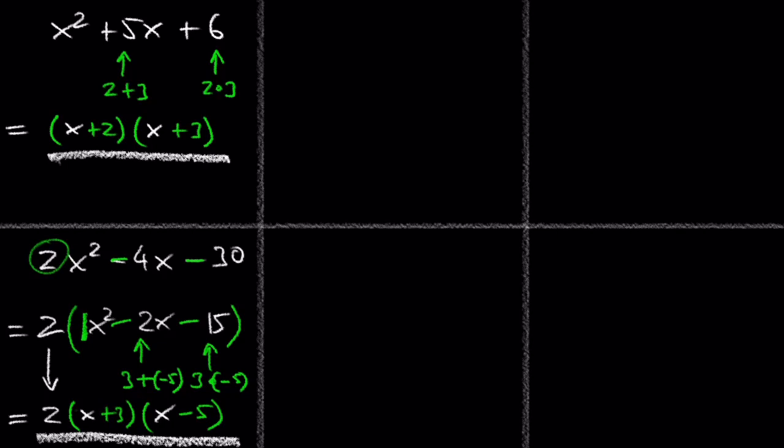Let's try another example and factor negative 3x squared minus 21x minus 30. So feel free to pause the video and try this yourself. We immediately see that 21 and 30 are divisible by 3.